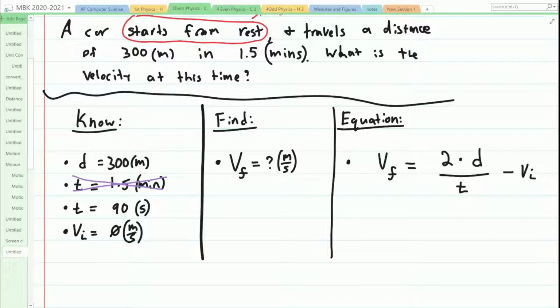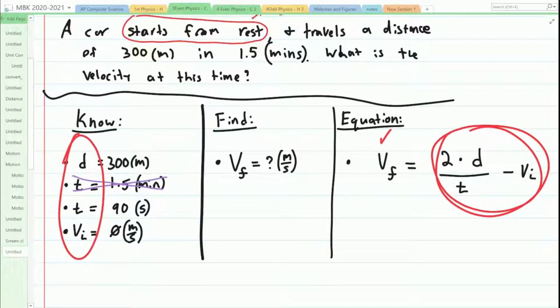Before we start plugging numbers in and doing the math, let's make sure this is the right equation. On the left side of the equal sign, the only thing that should be there is the variable I'm solving for. I have a check mark for that because V sub F is on the left side by itself. On the right side, I should only have variables that are located in my knowns.